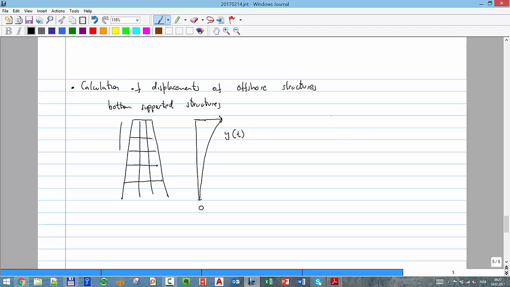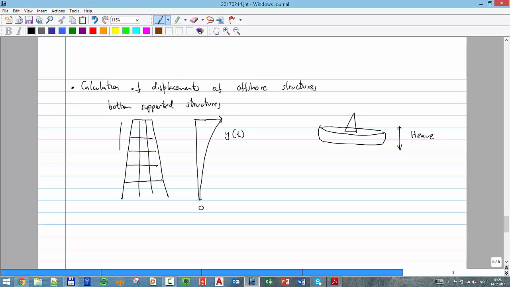And floating structures, if we see a boat, and let's see if I attempt to draw a boat, it will have movement up and down, which is called heave. Remember, the boat can move in this direction, this direction, this direction.